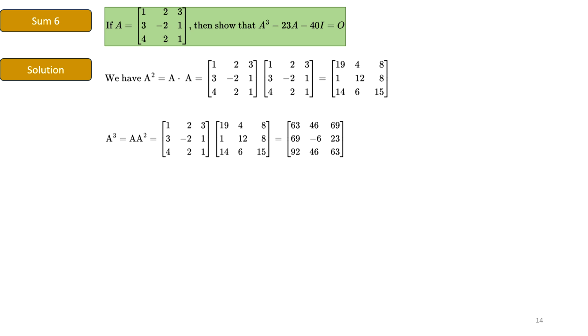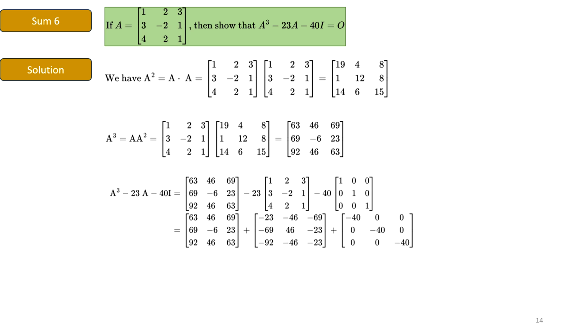Next, we compute A cube by multiplying matrix A square with A, and finally bring identity matrix as the third element of the LHS in problem statement. Computing the values of A cube minus 23A minus 40I, we see that the LHS in problem statement is a zero matrix.